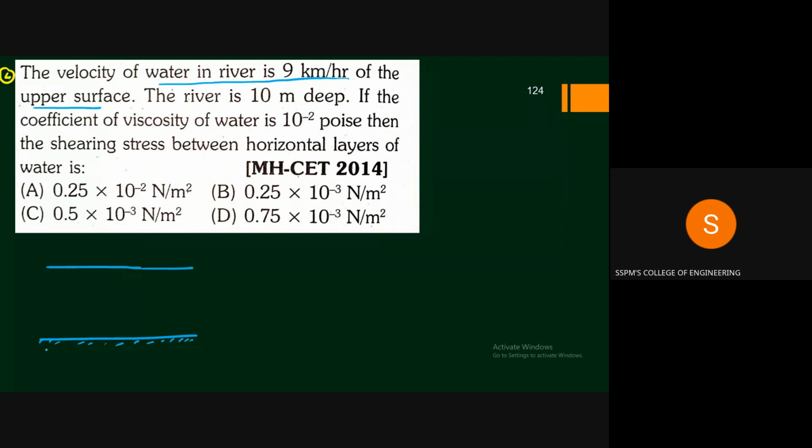The velocity of this upper surface is given. At this surface, the velocity is given as 9 kilometer per hour. The river is 10 meter deep, so the depth is 10 meter.